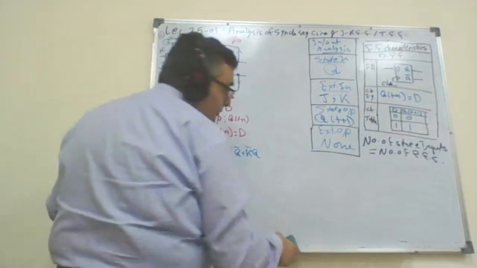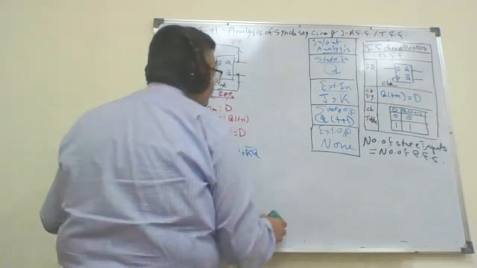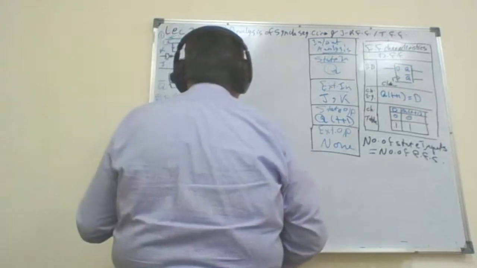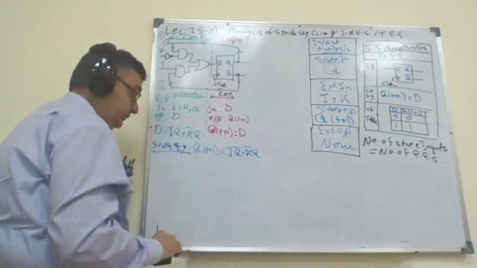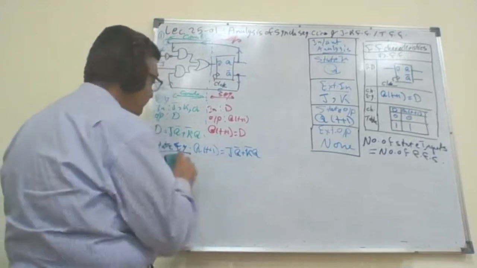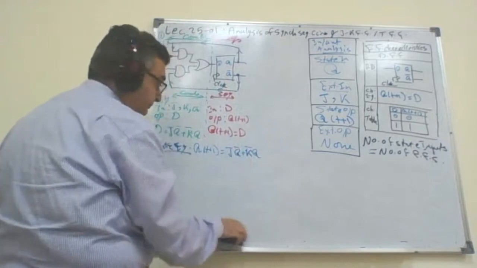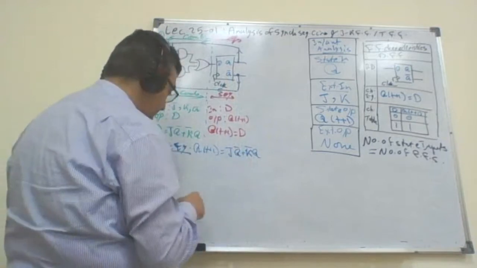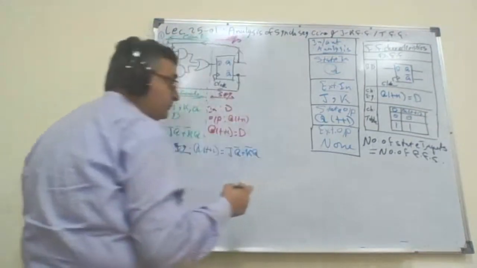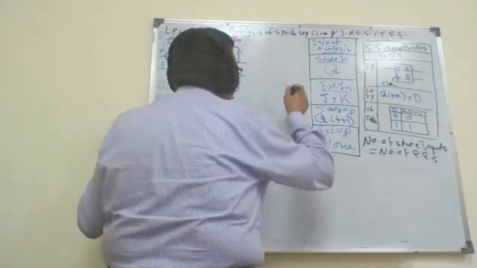Let me just draw it. Draw it where? Let me just write the equation here, or okay. Let me draw it here.